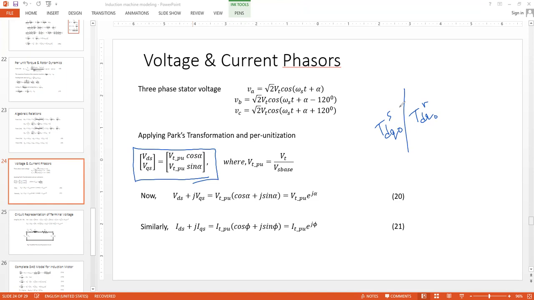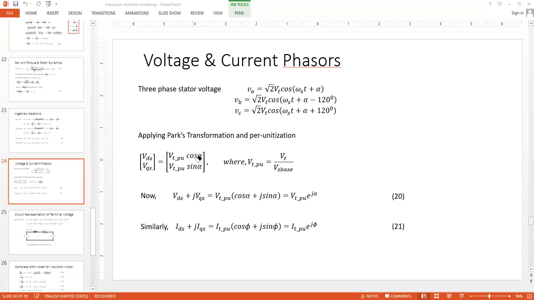It is TDQ0S, because clearly it is mentioned, it is a stator voltage. And you can also see the small s present there, representing these are stator quantities. So you should go for TDQ0S.